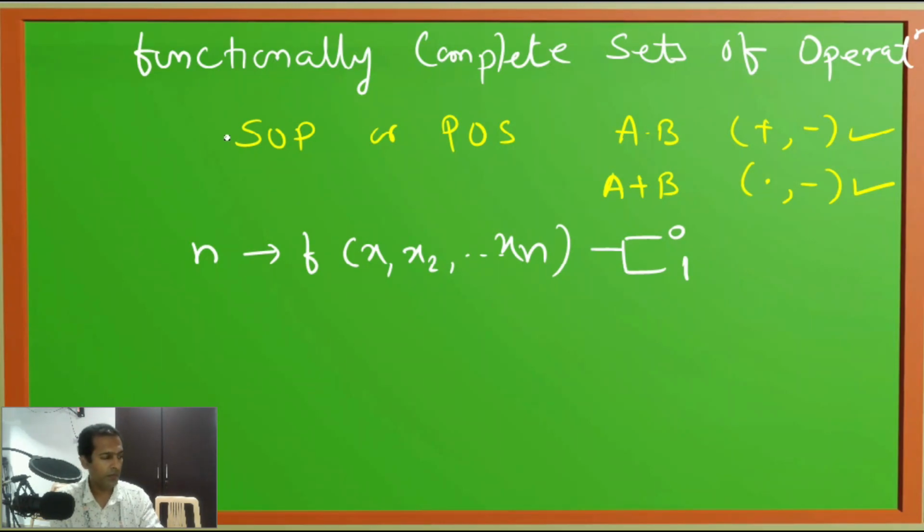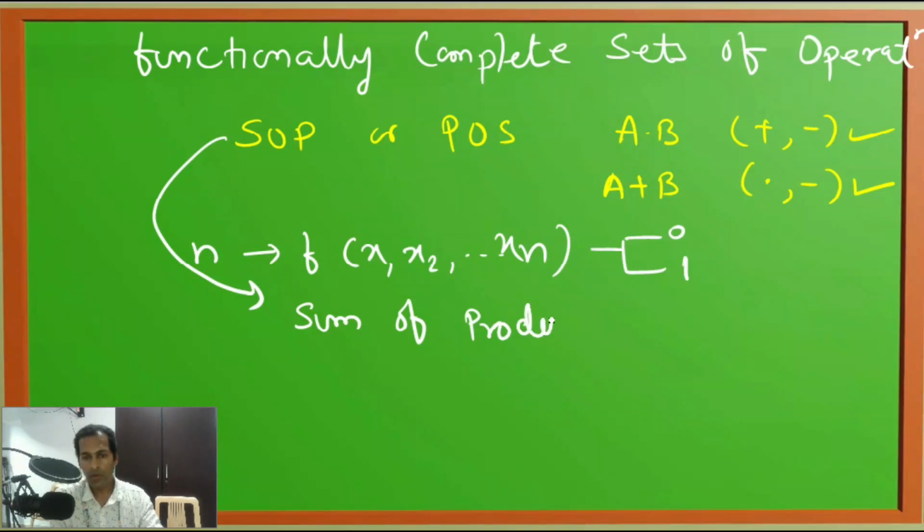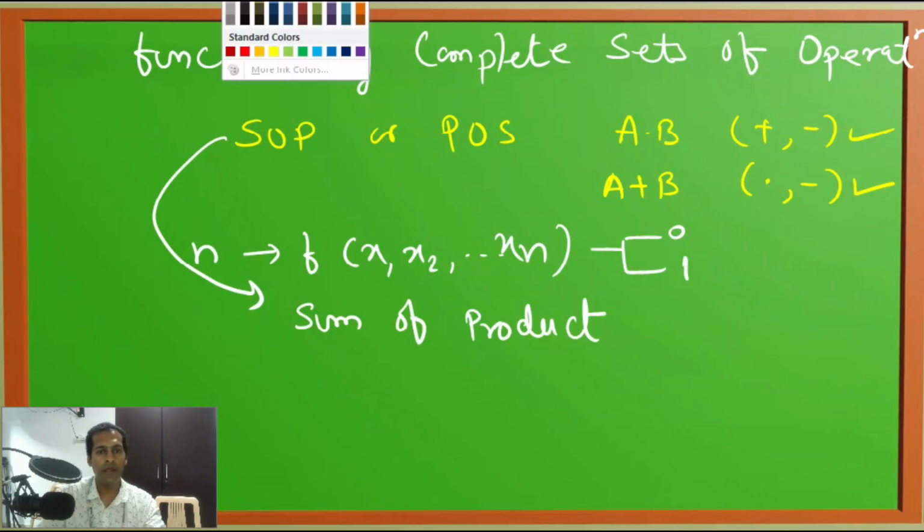So first form, say we are using SOP form, that is sum of product form. So sum of product we have already discussed. In sum of product, this is also called as DNF.